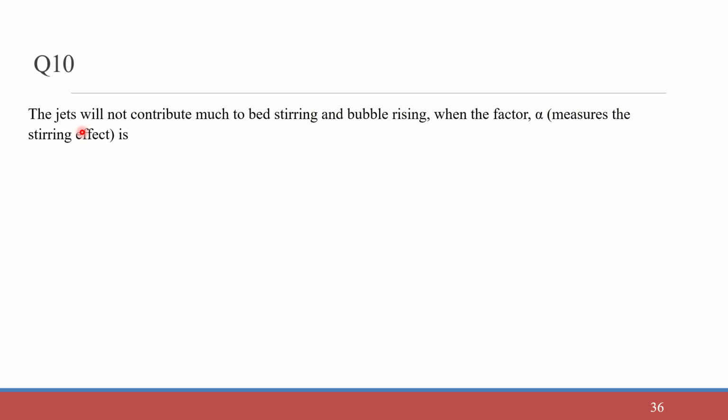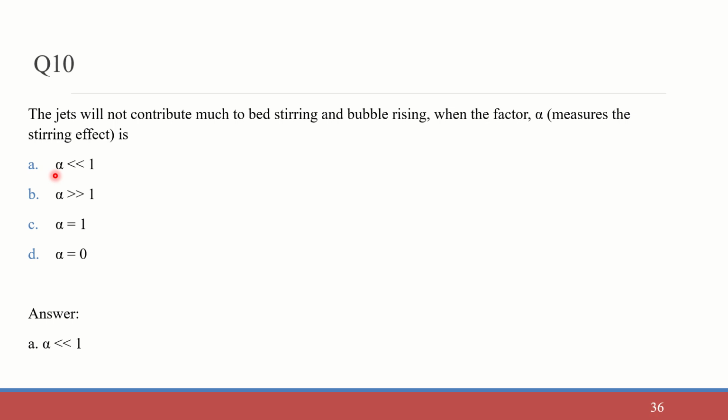So alpha should again be less. Option A, alpha is very much less than 1. Option B, alpha is very much greater than 1. Option C, alpha is equal to 1. Option D, alpha is equal to 0. So the answer is alpha is less than 1. Option A is the right answer. If alpha is greater than 1, it contributes to bed stirring and bubble rising. So that is the thing.